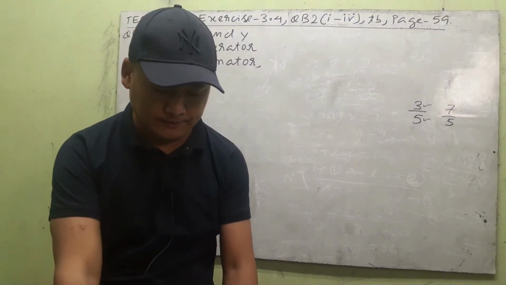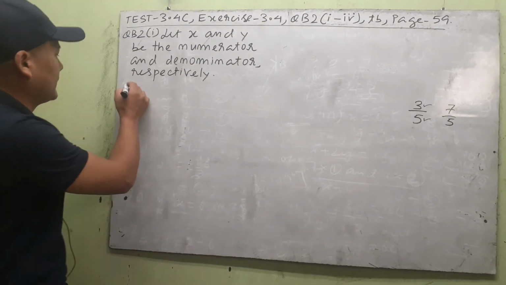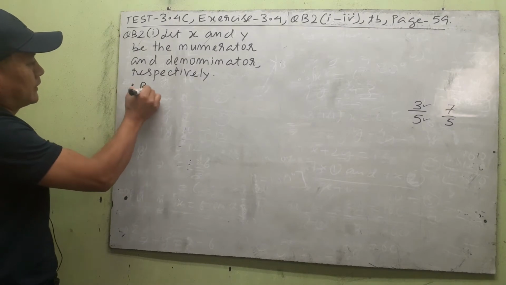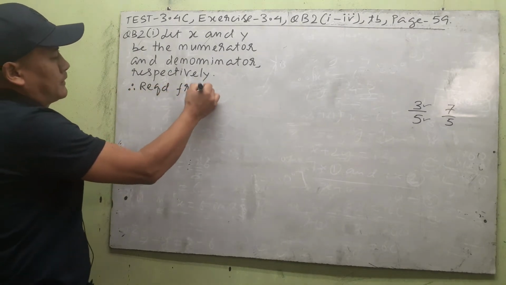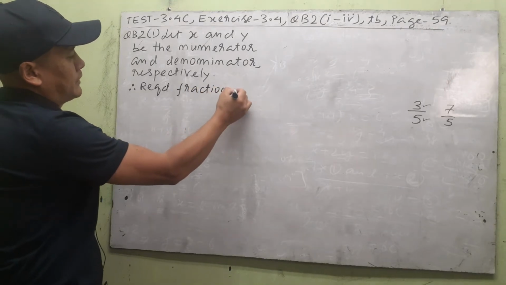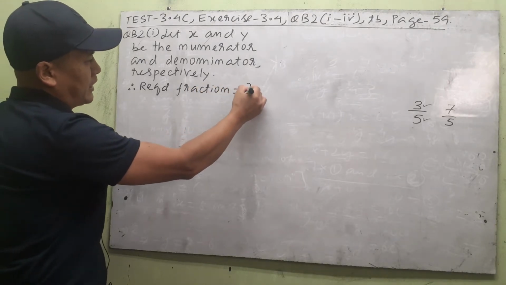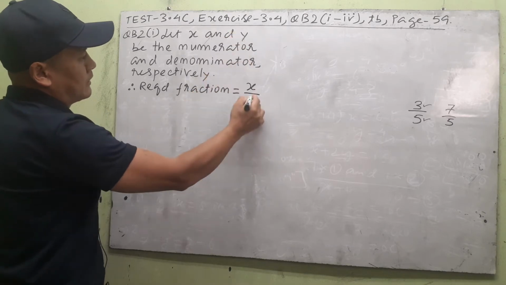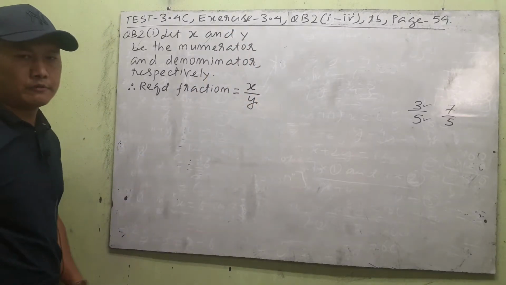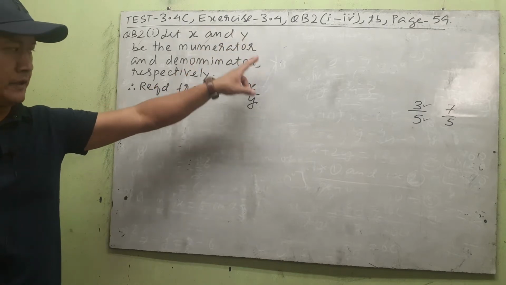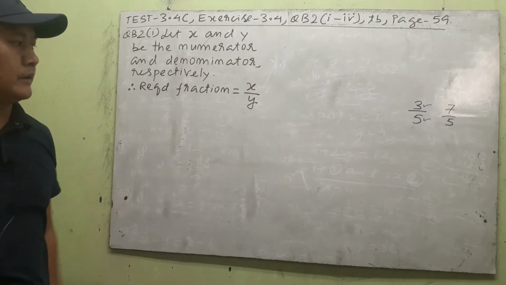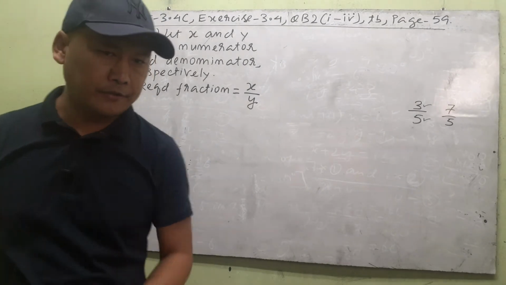So in that sense, what the question is asking us, the required fraction, as every fraction has a numerator, the upper part, x, and denominator, the lower part, y. So we need to find out the x and y values first, and then find out x by y, which is the original fraction.